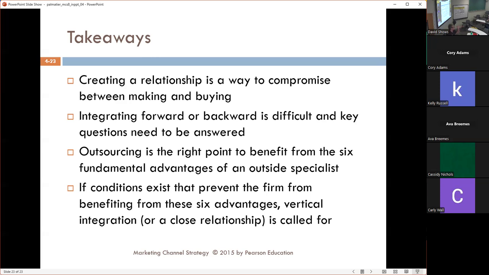If your need for control from beginning to end, not only the control of the goods through the channel system, but even the individuals who are pitching your particular good, are that important.